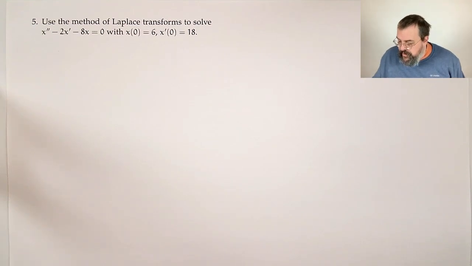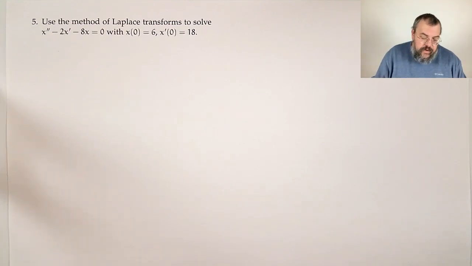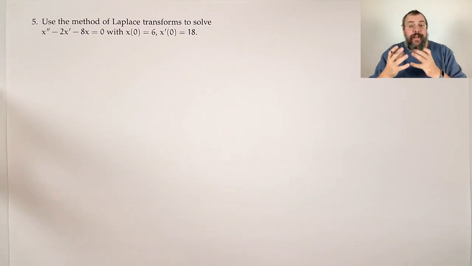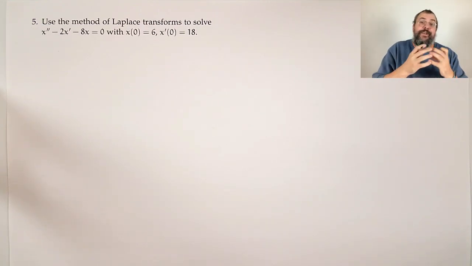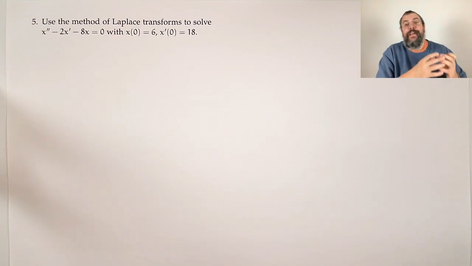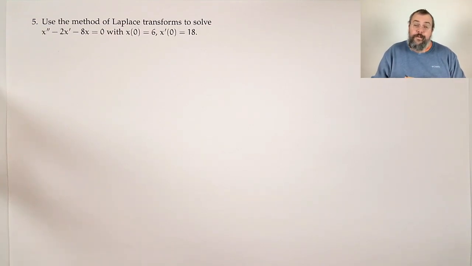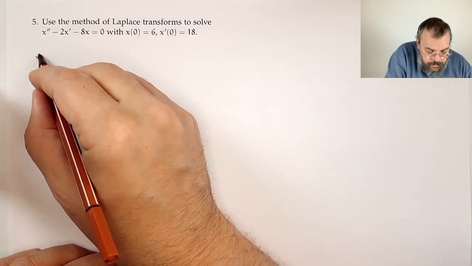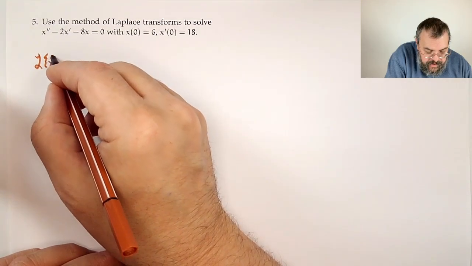Okay, so how does it work by using the method of Laplace transforms? Well, we start by saying we're going to take the Laplace transform of our differential equation, turn it into an algebra equation, solve the algebra equation, and then go back to where we started, which is going to give us our answer. All right, so we'll have the Laplace transform of x double prime.